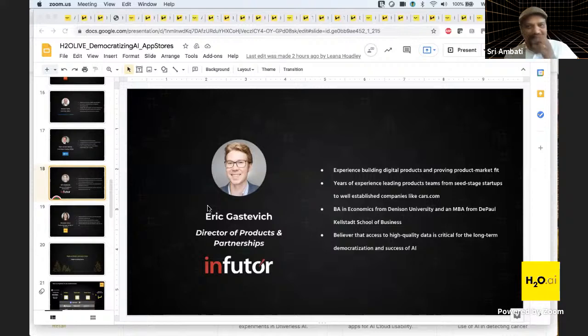Our next speaker is Eric Kastevich, and Eric is representing Infutor, which is a customer partner as well. And joining him on stage will be Michelle Tanko, who is one of our phenomenal data scientists and product owner of the AI App Store.